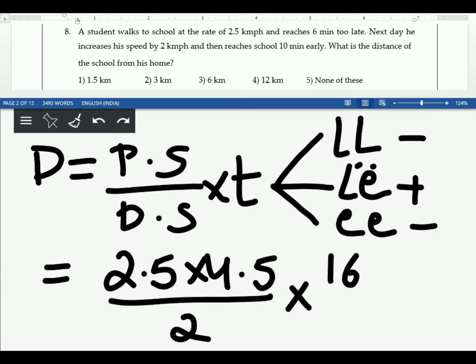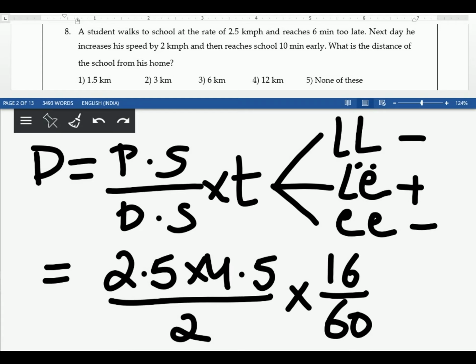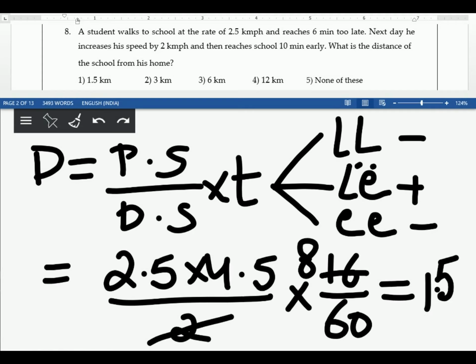In order to convert minutes to hours we need to divide it by 60. Therefore, by simplifying this we get 8, and by solving all this we get 1.5 kilometers. Therefore the distance from school to his house is 1.5 kilometers.